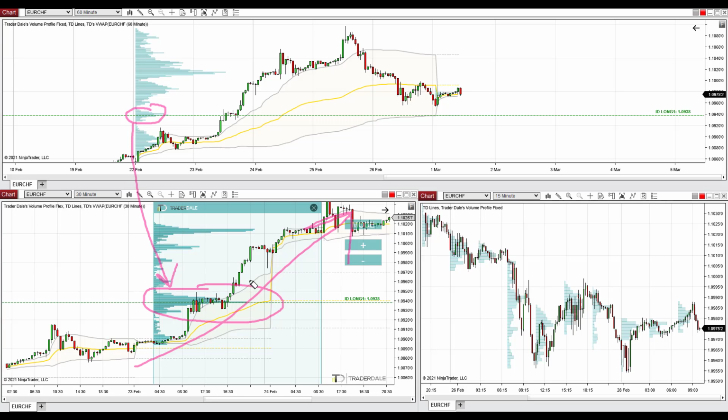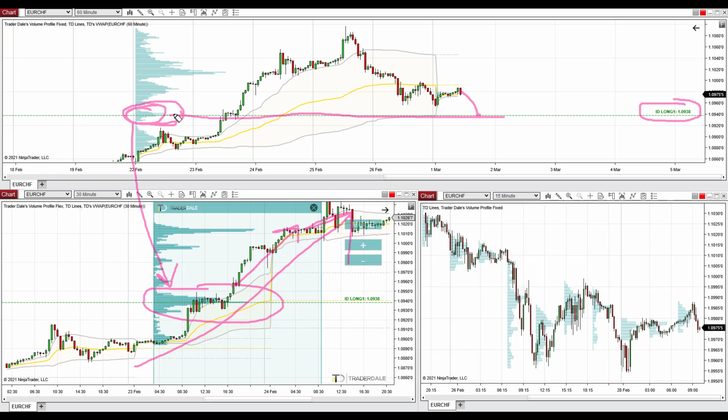So I think that those volumes were volumes of buyers, and those buyers were adding to the long positions before they pushed the price even higher from here. So I think that those are buyers. This is a significant place for buyers. And when there's a pullback to this place, which is at 1.0938, I think that those buyers will want to defend this zone because they placed a lot of their positions in here.